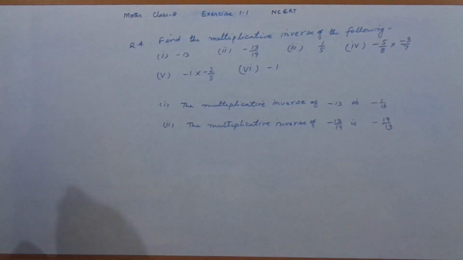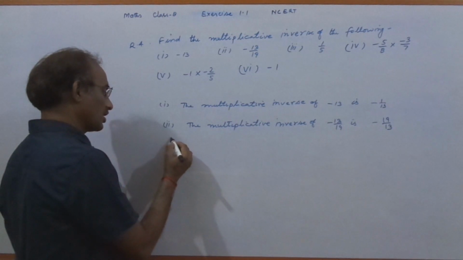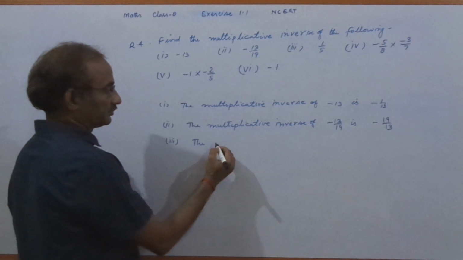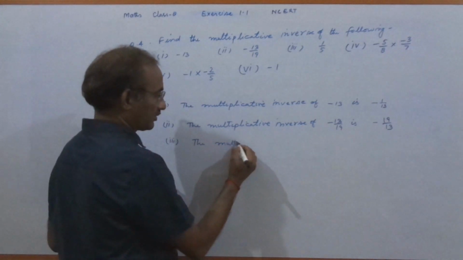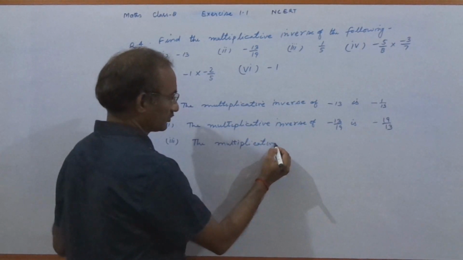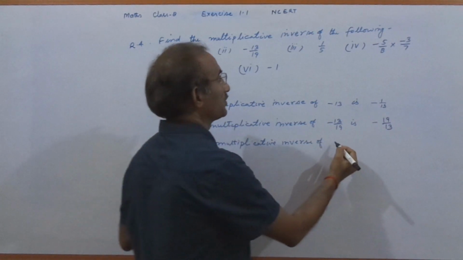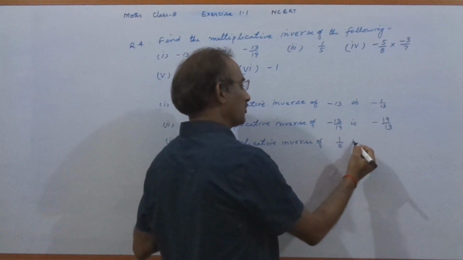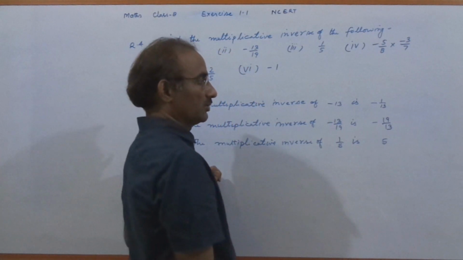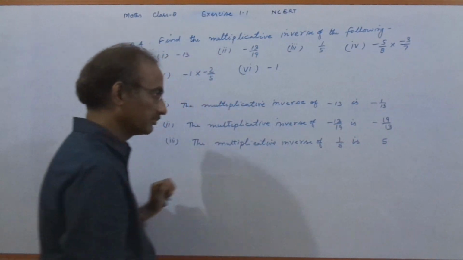So it is the multiplicative inverse of minus 13 upon 19. Now third, the multiplicative inverse of 1 upon 5 is 5 upon 1. So there is no need to write upon 1, it is 5.